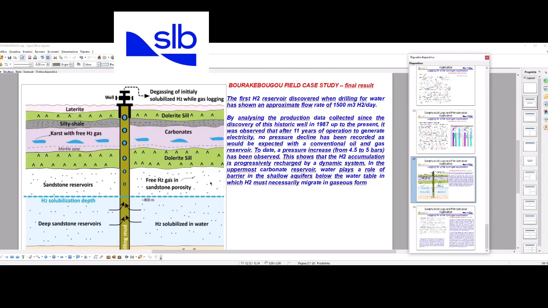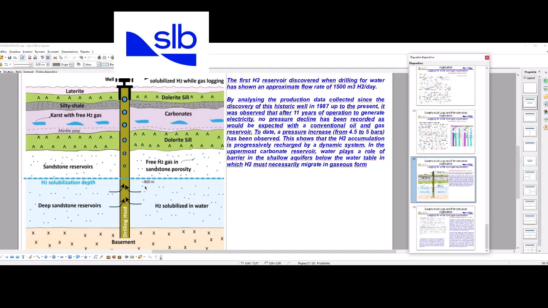And the second situation is different because we have dolerite that trapped the sandstone reservoir, and in this case around this depth we noticed also pressure. We have a particular situation because we have a free gas in sandstone porosity, but around this depth, around 1800 meters depth, the pressure makes the solubilization in saline aquifer.